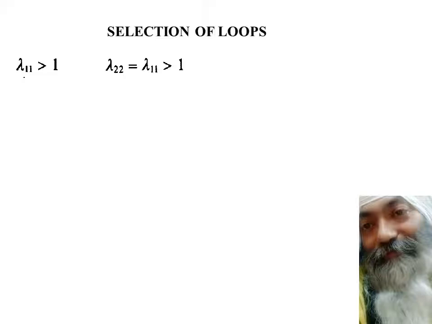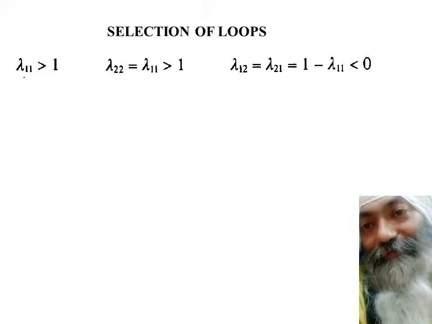I told you that the diagonal elements are equal. So if lambda 1 1 is greater than 1, in that case lambda 2 2 will also be greater than 1. And the sum of the rows and the columns is all equal to 1. So what will happen to lambda 1 2 and lambda 2 1?